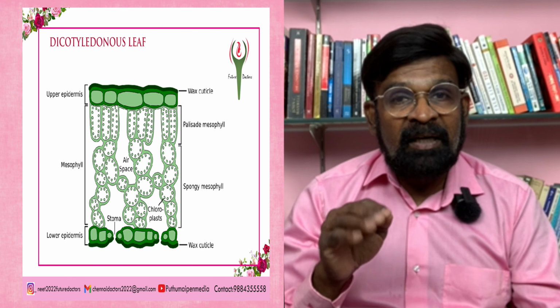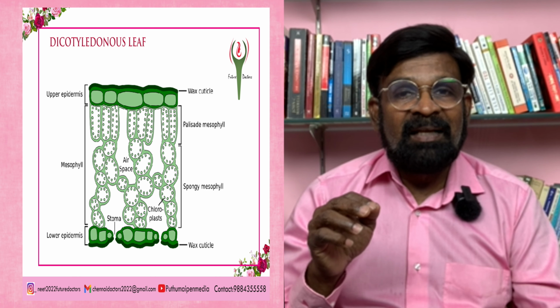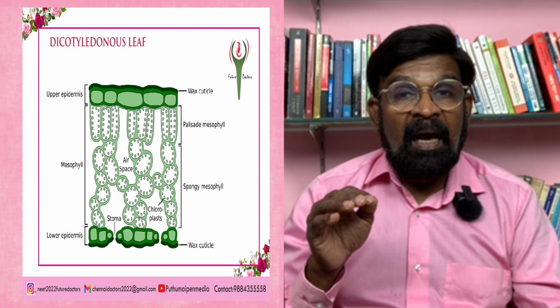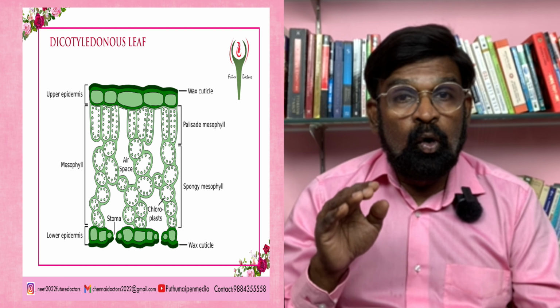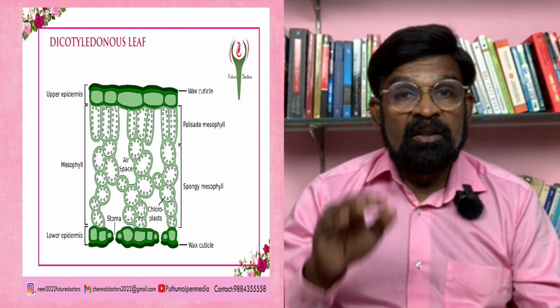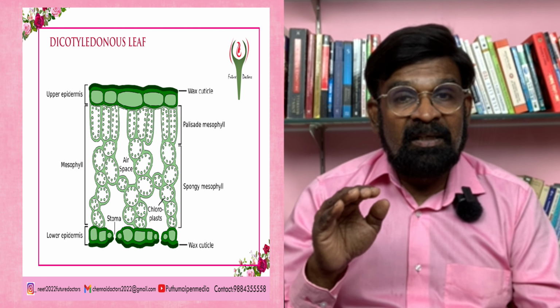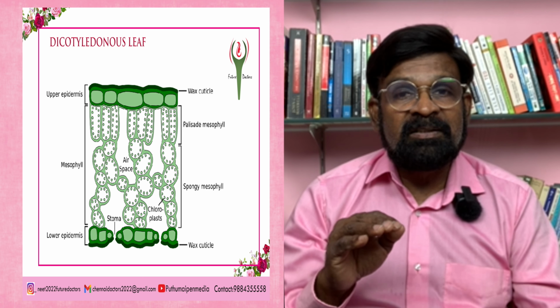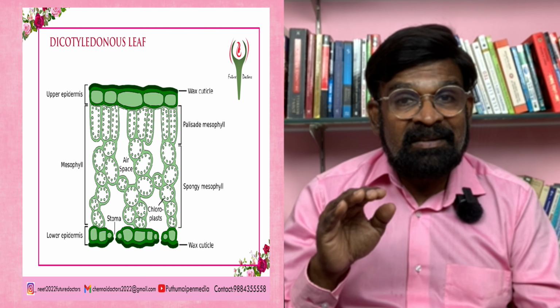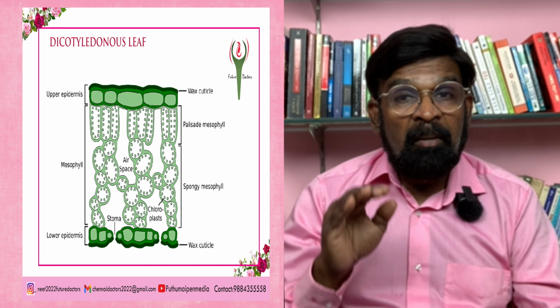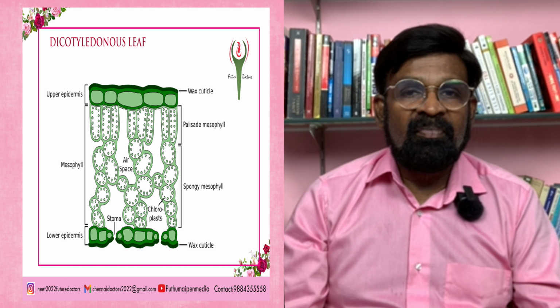The spongy parenchyma lies below the palisade parenchyma and above the lower epidermis. Its cells contain several chloroplasts, but fewer than palisade cells.